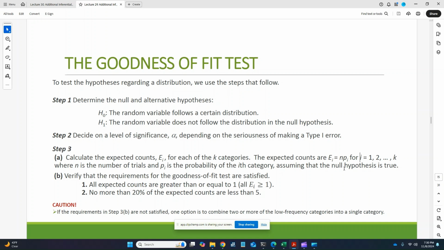Now, if I flip 10 coins, then n equals 10 and p equals 1/2. So I can expect 10 times 1/2 equals 5 heads showing up. And that's how we measure the expected counts.